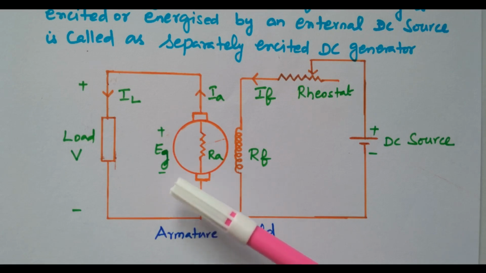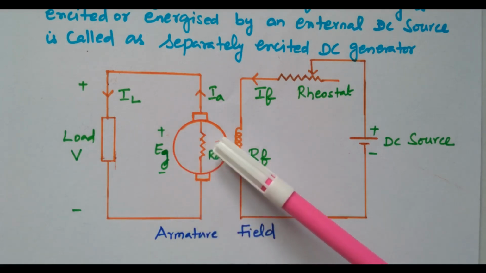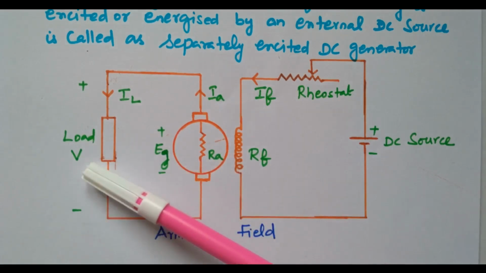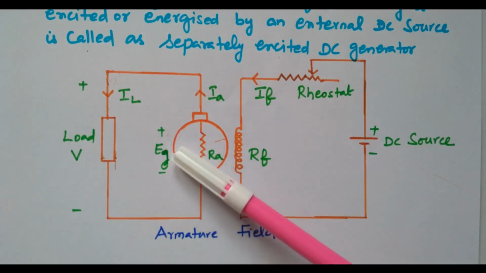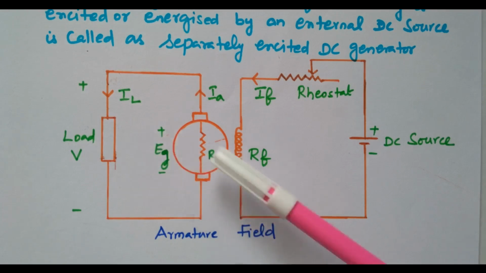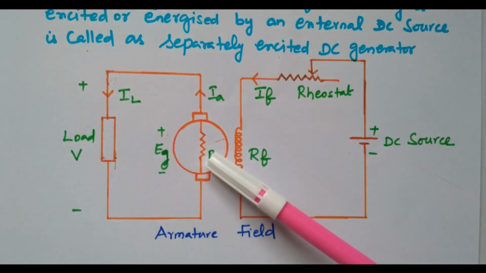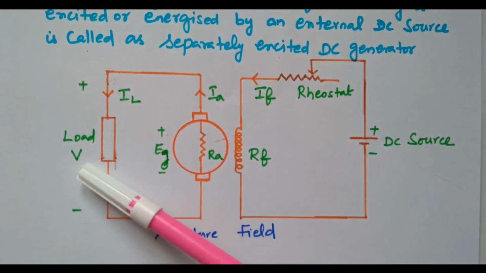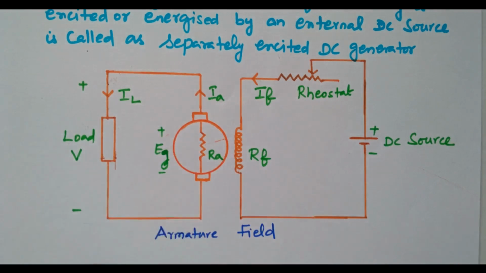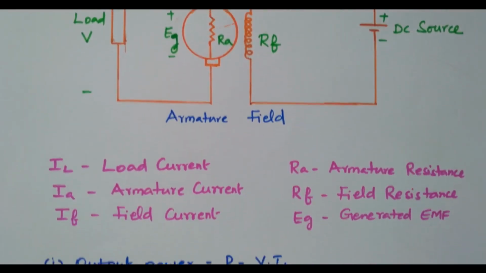That is the armature resistance drop, IA RA. The armature resistance drop is subtracted from the generated EMF, and the balance is available at the load end, the load voltage.